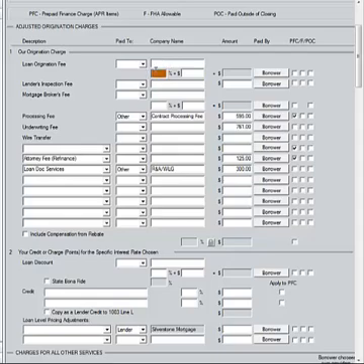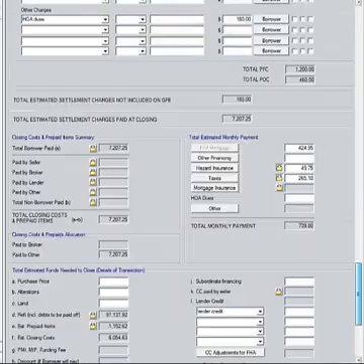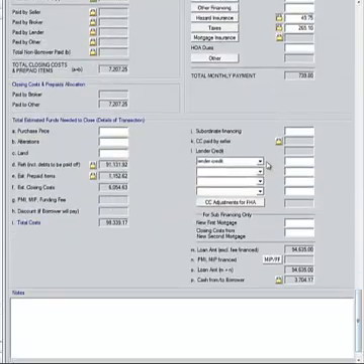Basically, we were charging 2.5 and 250 and basically crediting all that back in the form of a lender credit. I forgot what that number was, 2669, something like that. And we end up with about $1,000 cash from borrower.